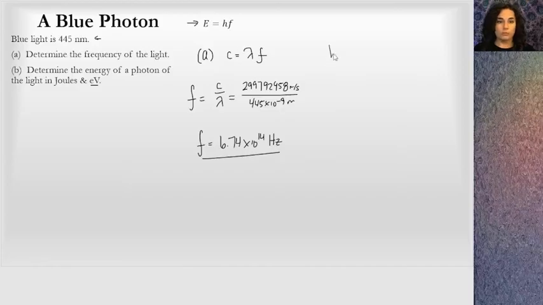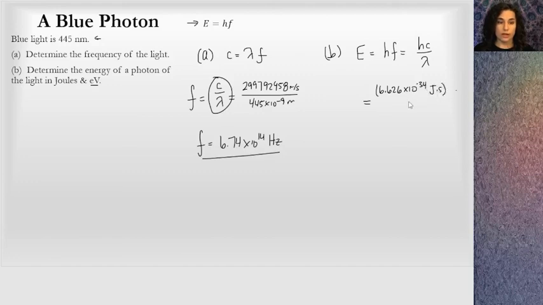In order to find part B, we need the frequency. Energy equals h times the frequency. I'm going to do this though. h times the frequency. I'm going to remember that the frequency is c over lambda, so you could plug that in, hc over lambda. So if I'm solving for the energy of this photon in joules, we'll do 6.626 times 10 to the negative 34th joules times seconds.